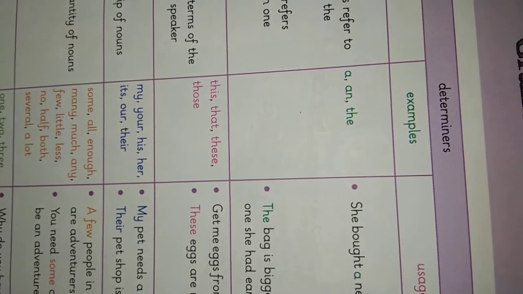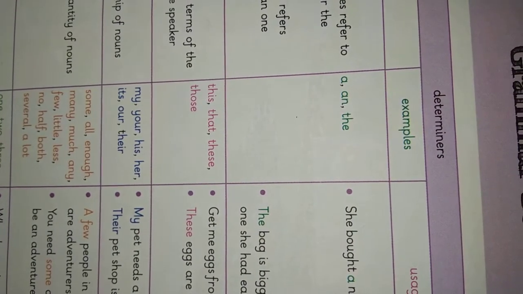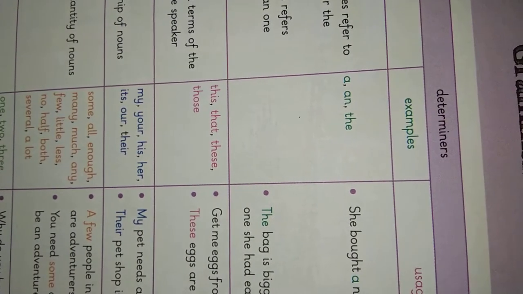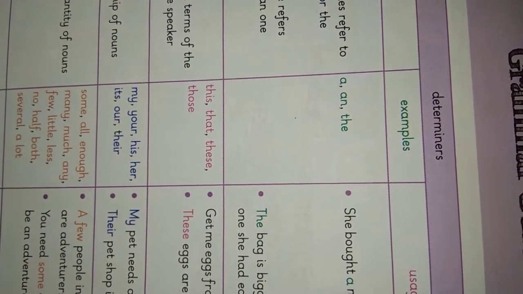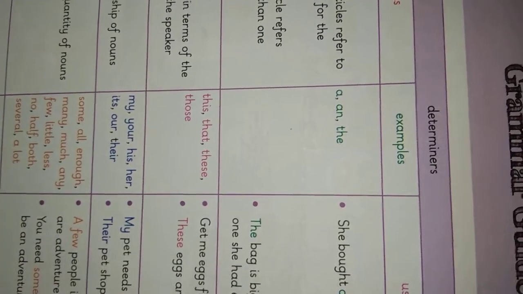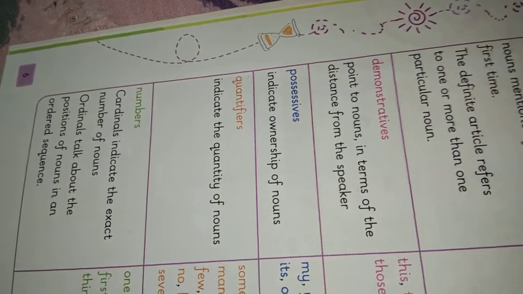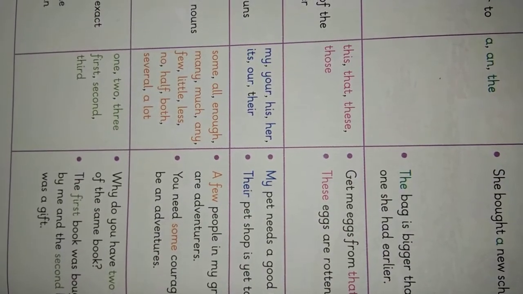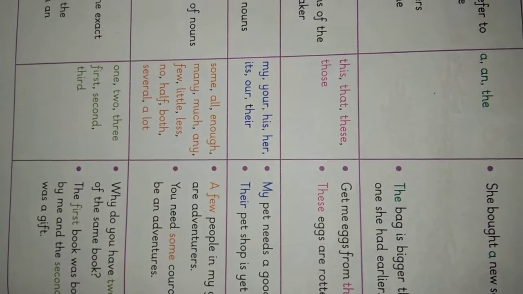And quantifying means showing how much of something there is or how many. Like quantity, showing the quantity is quantifying. 5 people were arrested during an anti-war demonstration in London today. So 5 is a quantifier.